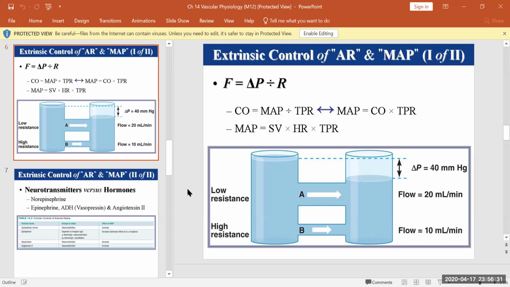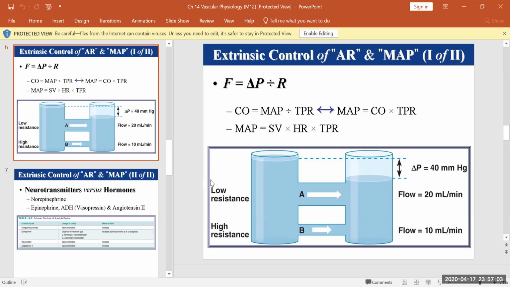So think about a tube and then water flowing through that tube. I briefly explained earlier, the smaller the hose, the smaller the diameter of a tube, the higher the resistance to a liquid flowing through that tube. So if you increase the diameter of that tube, the resistance to flow would drop significantly.